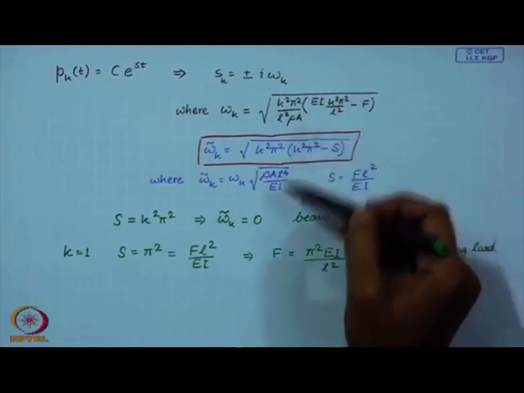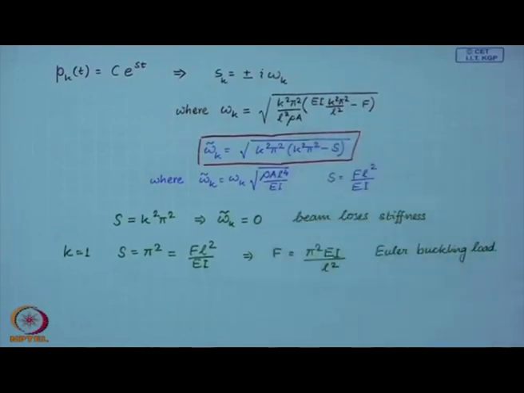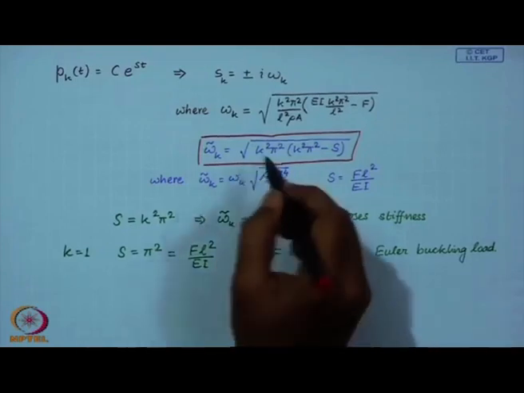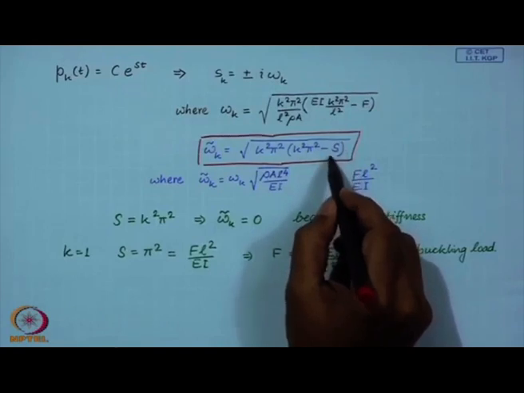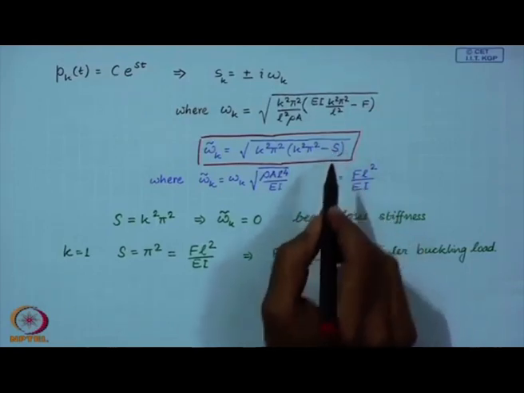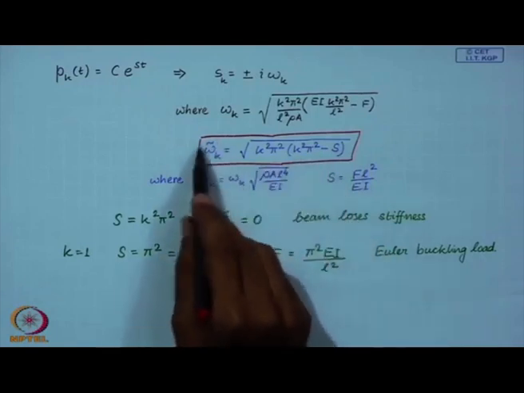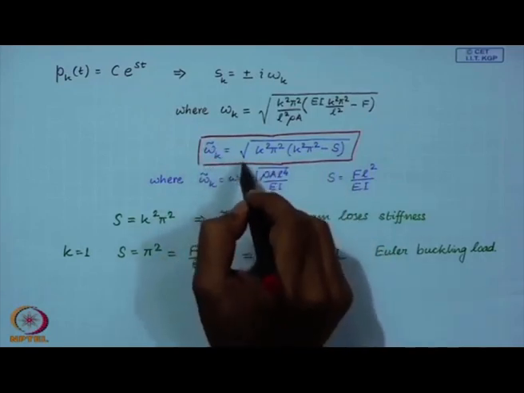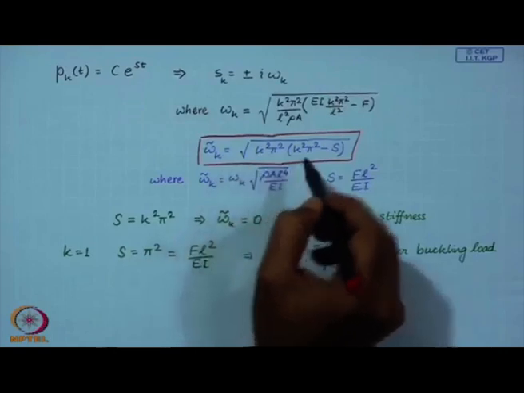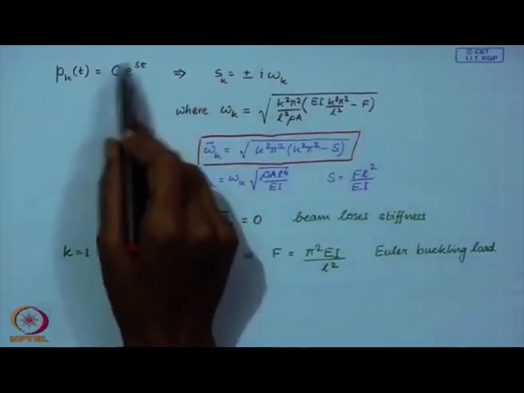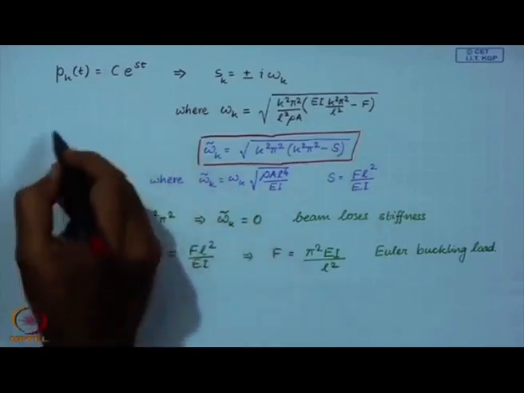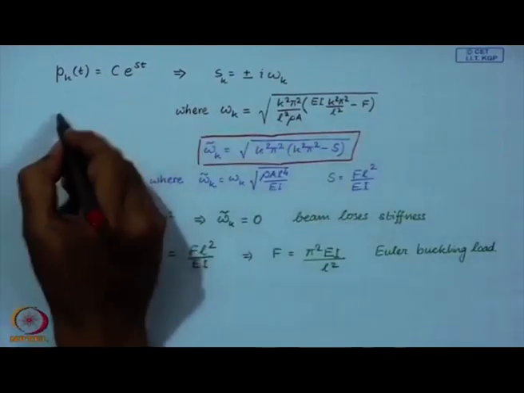So, let us first see this. When we are increasing S from 0, then this omega k is a real number. So, you have solutions in the form of exponential.